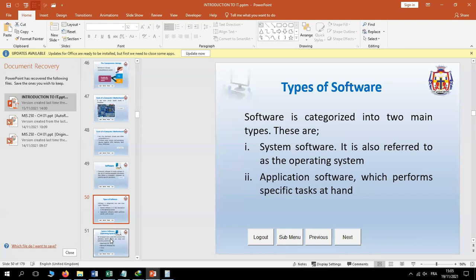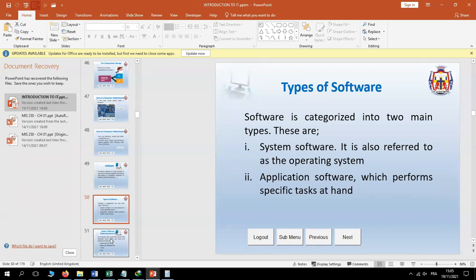And what is the operating system, ladies and gentlemen? The operating system is the software that directs, controls, and coordinates all operations of the computer. Okay, that is system software.